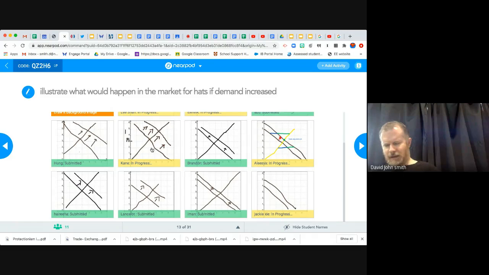You've got the demand curve shifted. It'd be good to show the supply curve as well, and then the equilibrium price and quantity. That's right, Kane. Well done.